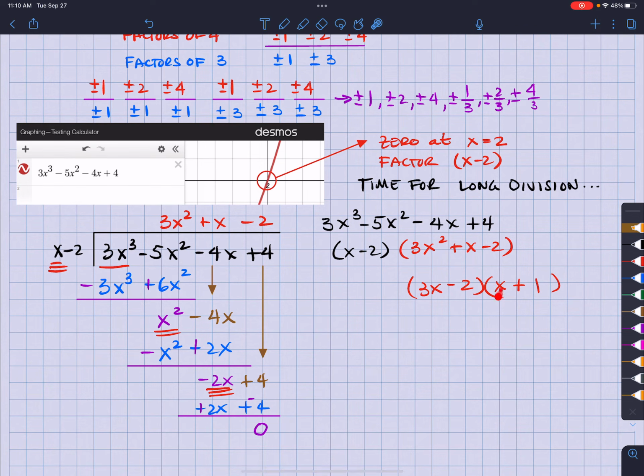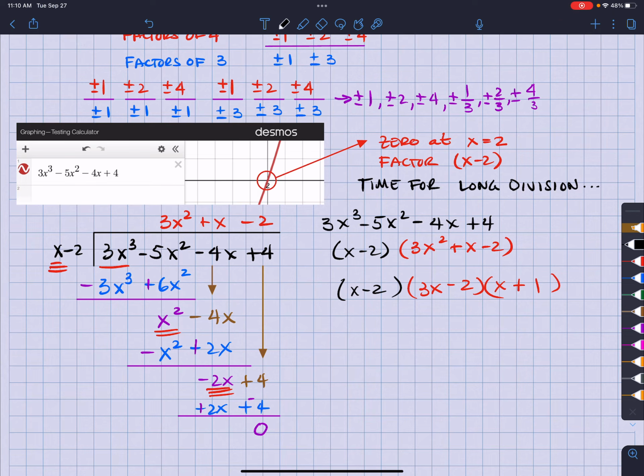So again, 3x squared, got it. This is my last, right? That gives me negative 2, good. My outer gives me a 3x, inner gives me a negative 2x, which adds up to a 1x, so it is factorable. So there are all my factors, right?